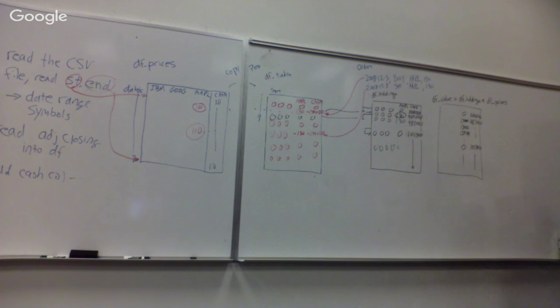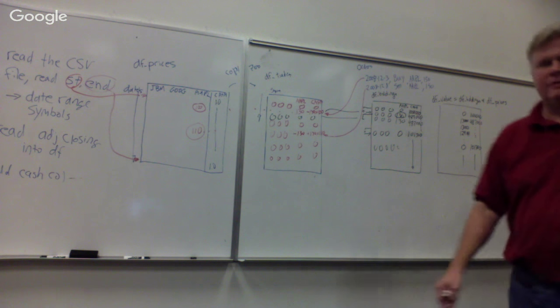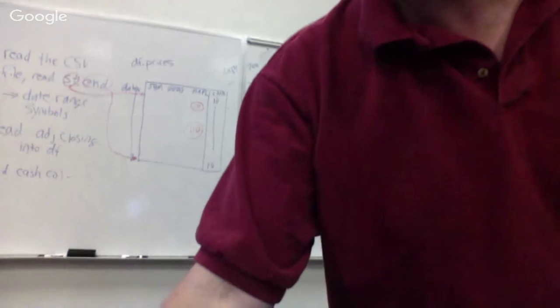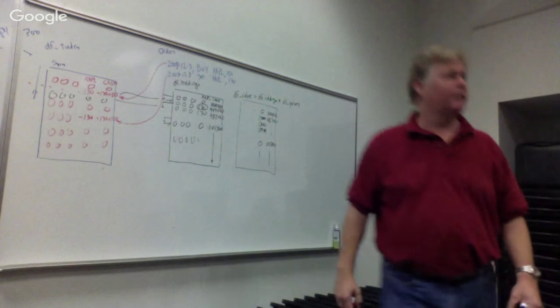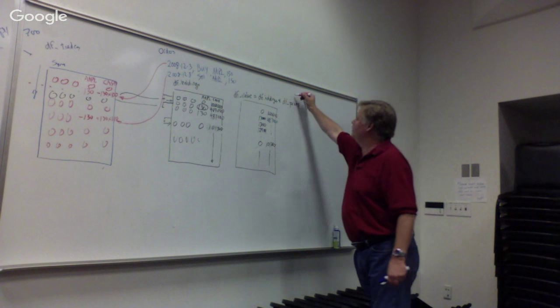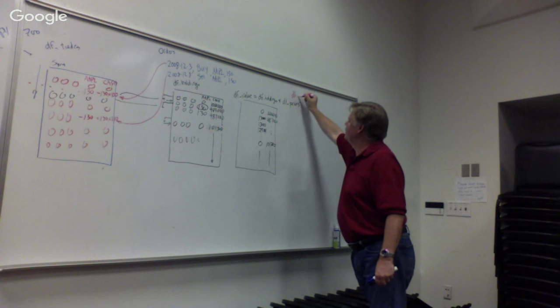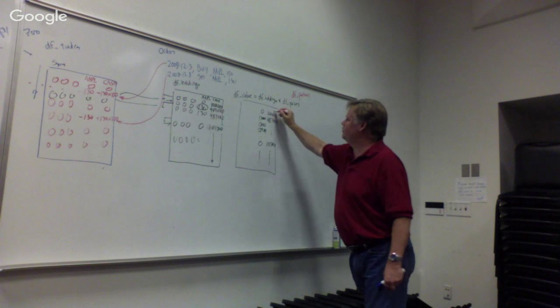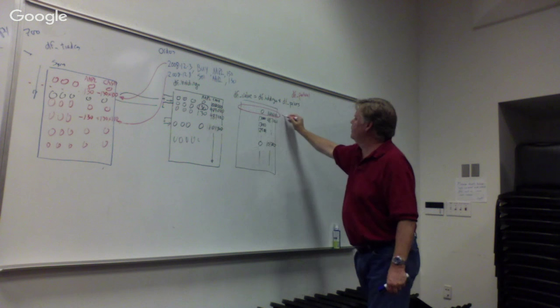And then down here, this now tells you my value in each of the stocks and my cash, and then the final result. Let me turn this a little bit more. The value of your portfolio on any one day, call it port val, is just the sum of each row.